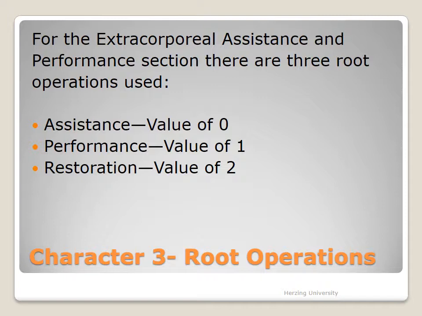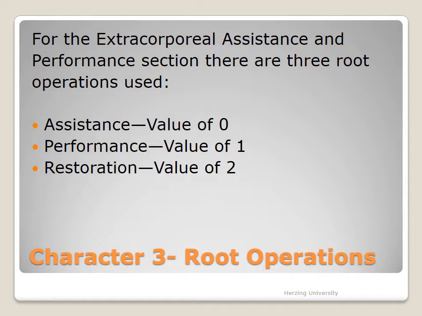There are 3 root operations for the extracorporeal assistance in performance section of ICD-10 PCS. You have assistance, which has a value of 0. The definition of assistance is taking over a portion of a physiological function by extracorporeal means. The second root operation is performance, which has a value of 1.